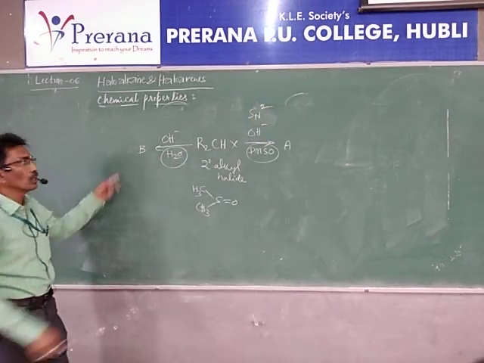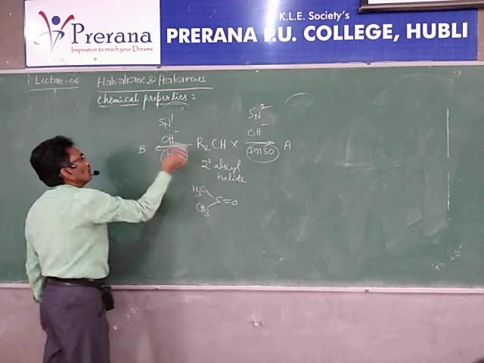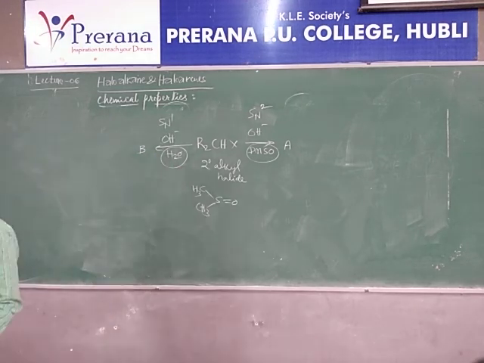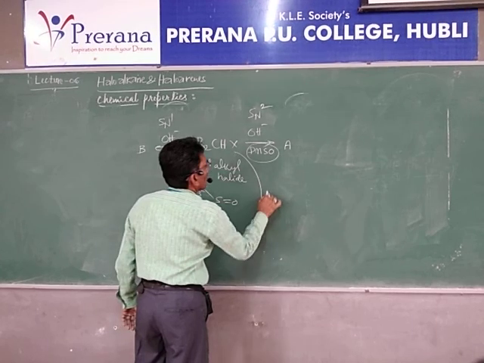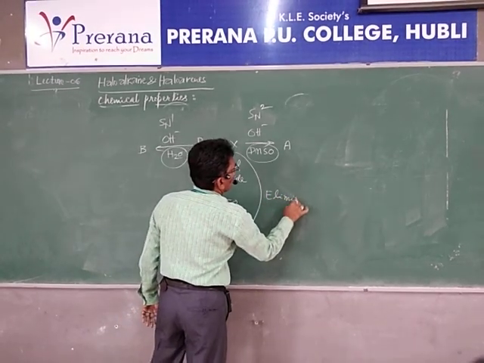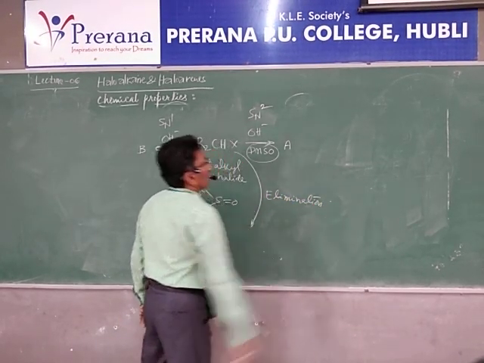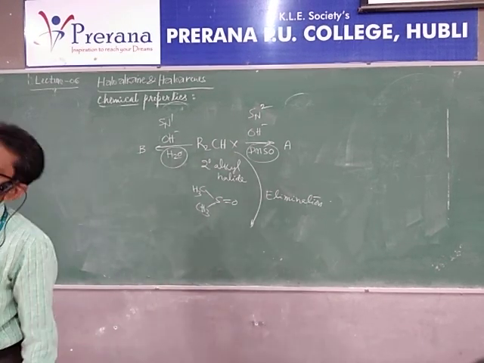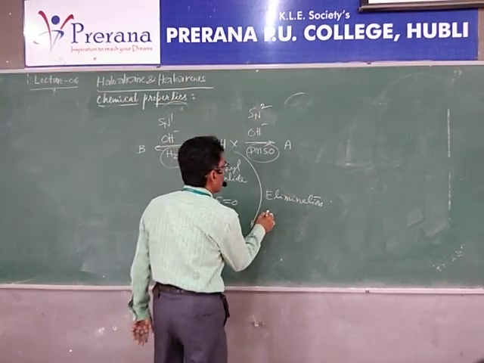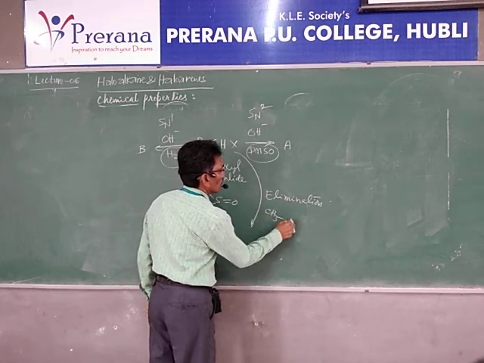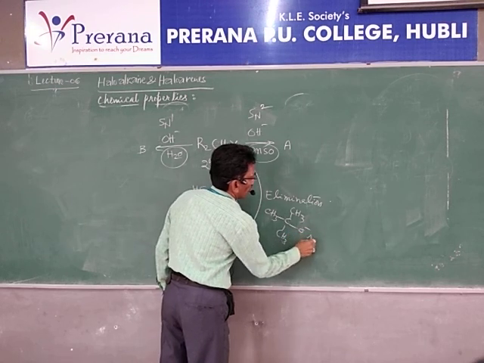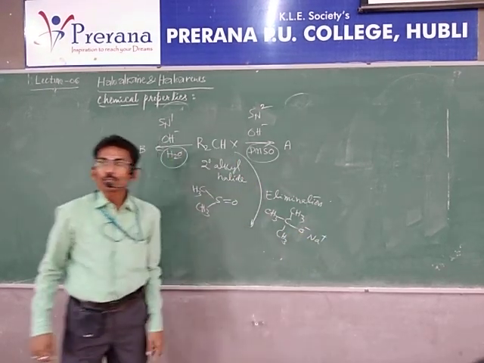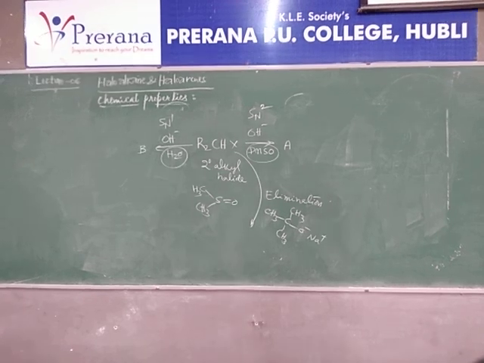Here, in water, it follows the SN1 mechanism. It is in between. Sometimes it undergoes an elimination reaction if you are using a bulky nucleophile. What is that bulky nucleophile? CH3, C, CH3, CH3, O minus Na plus: sodium tertiary butoxide.